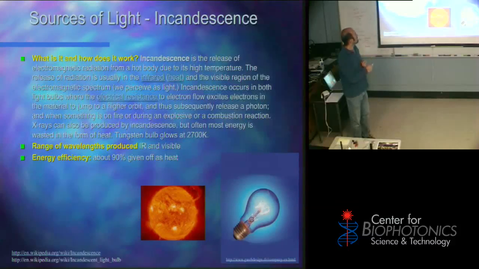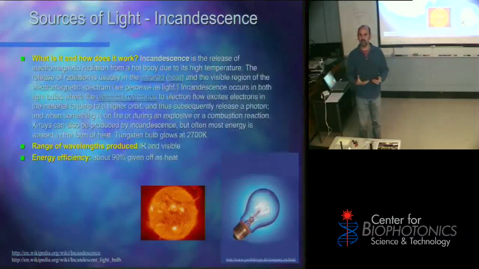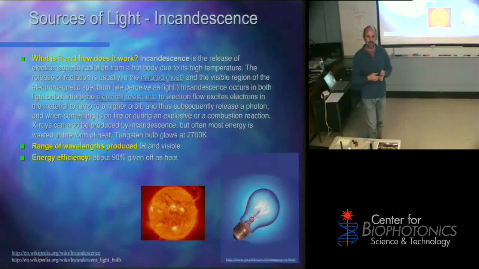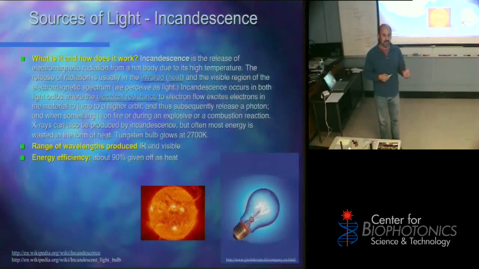Now, the reason the light bulb works is because that filament has very high electrical resistance. When the electricity is pushed through it, it gives up heat. It's like the electrons are pushing and struggling to get through, causing heat to build up, and that heat gives off the light. Now, the problem with incandescent bulbs is that the majority of the energy is given off as heat.